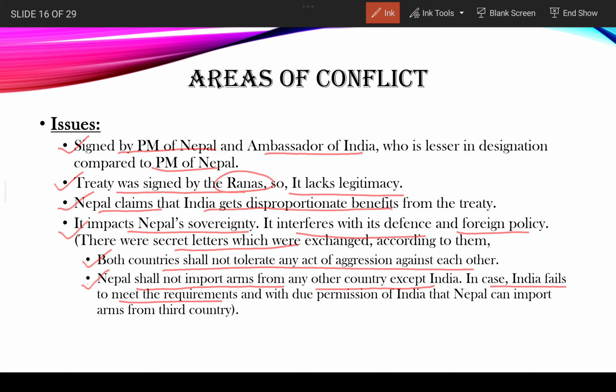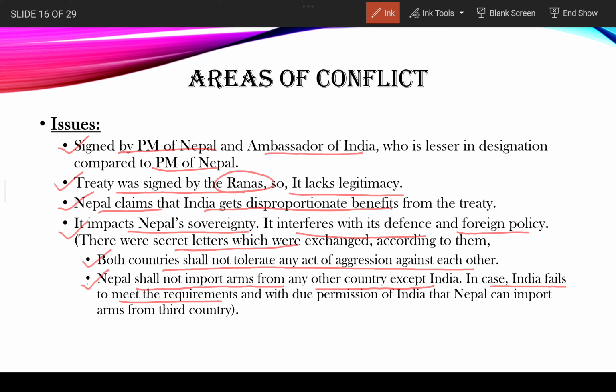They were secret letters, no doubt, but they got revealed for some reason. So these were the points of contention between the two countries, and these are the issues with respect to this treaty.